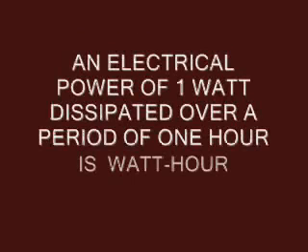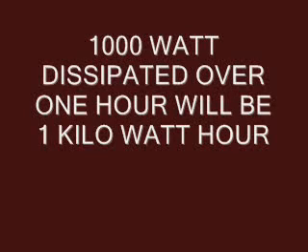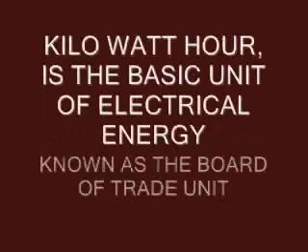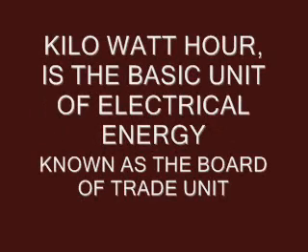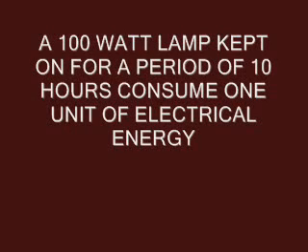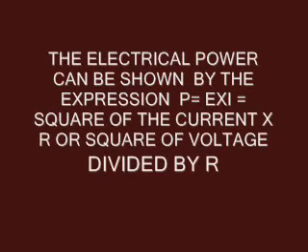The rate of working when 1 joule of energy is transformed per second, that is W by T, is the power P. Electrical power, W by T, is equal to E into I into T divided by T, which is equal to E into I.